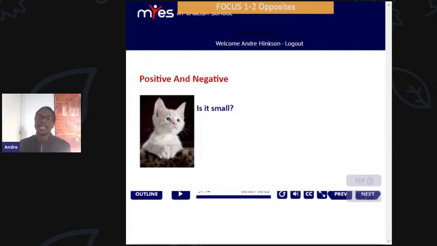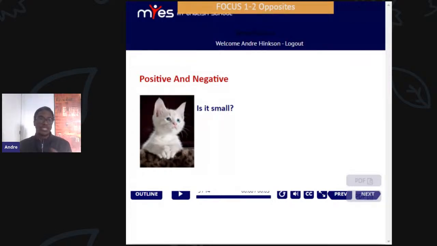So let's look at positive and negative. Let's look at this picture. The cat. The cat is third person it. Normally we use he or she in third person for people, and it for animals and things.